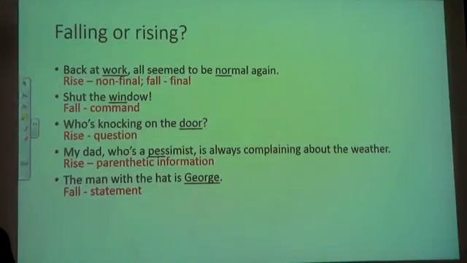Work rises back at work because it's non-final, as I said, it's in the middle of a sentence, it is unfinished. So you can either write down unfinished or non-final. Yeah? And the end of the sentence falls because it's final and this is a statement.